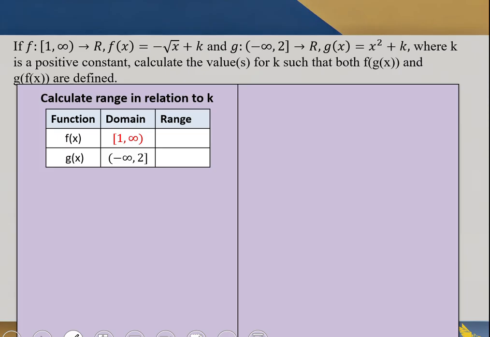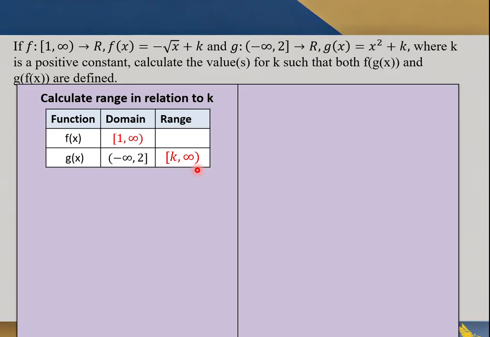So let's look at g of x first for our range. We know it is a parabola, but it says k is a positive constant. So we know that without k, it would have a turning point at 0. With k, k is going to be our smallest amount, and that's going to keep increasing. That's why I put down k to infinity.